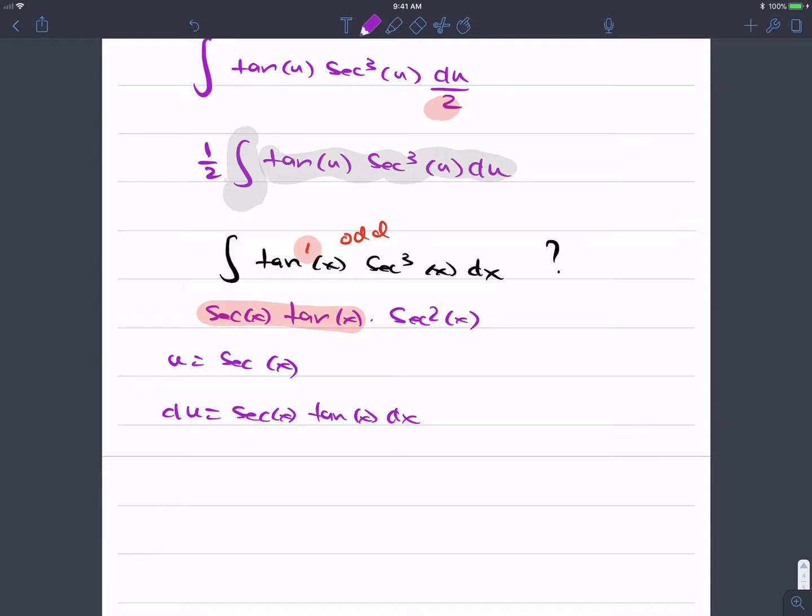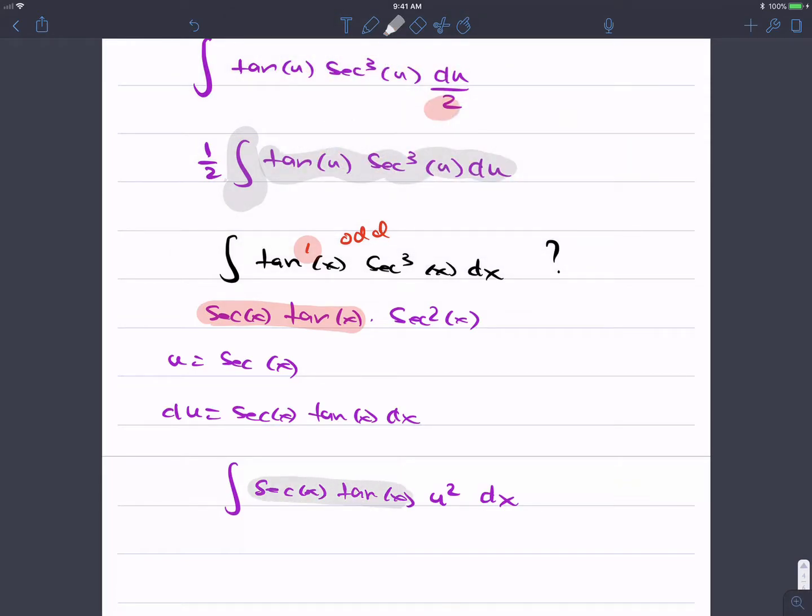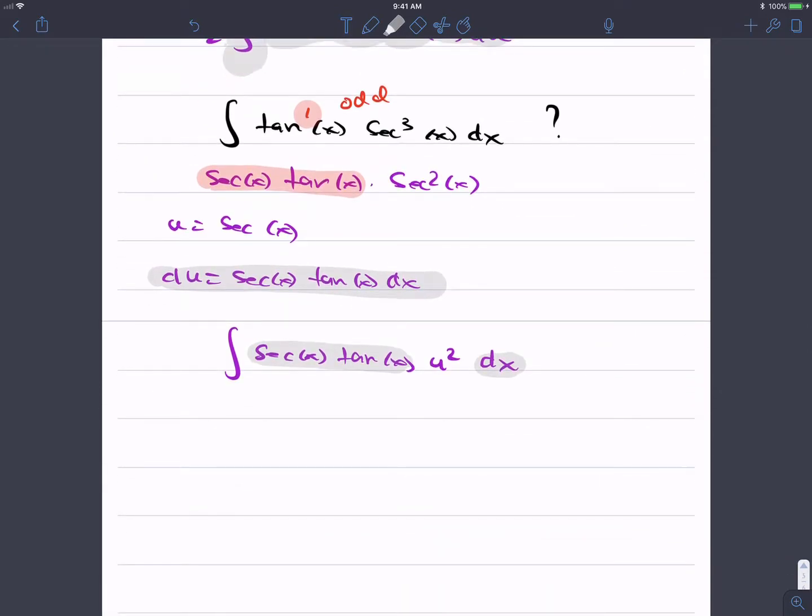And if u is secant, this integral now becomes, I'll put secant tangent u squared dx. Notice, secant tangent dx is my du. So we have the integral of u squared du, which is 1/3 u to the third plus c.